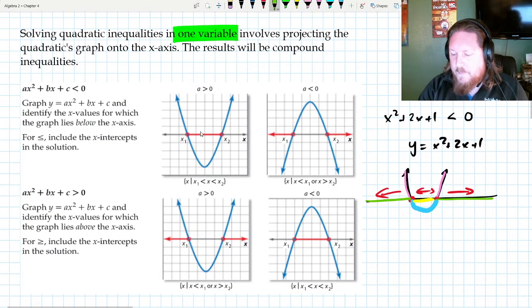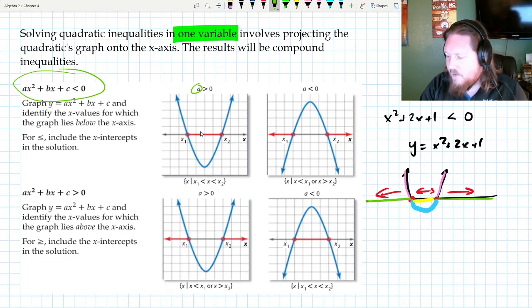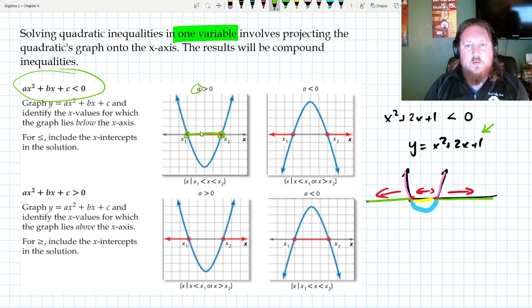Basically the idea is, if you've got a standard form quadratic where a is positive, and it's the less than case, so I get this kind of shape here. That means for this quadratic that I just randomly made up, the answers are going to be in between the two roots.